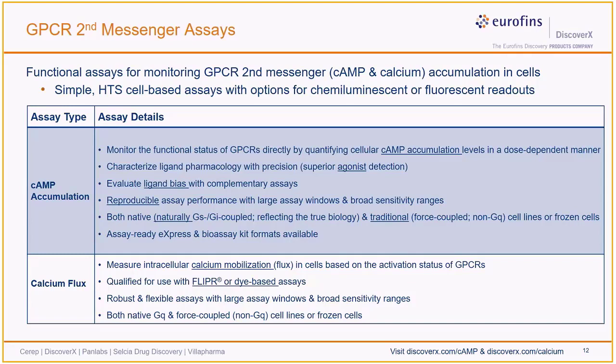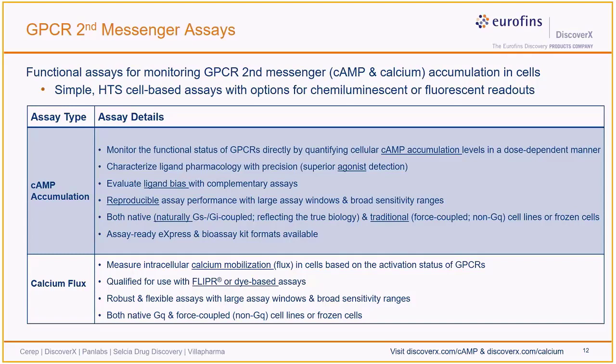These second messenger assays are excellent for evaluating agonists, because they can be easily detected. It doesn't take much agonist to obtain a full signal. But this is not necessarily true in an antagonist mode, where we recommend using the next assay, the β-arrestin one, instead, as well as for partial agonists, using the β-arrestin first.